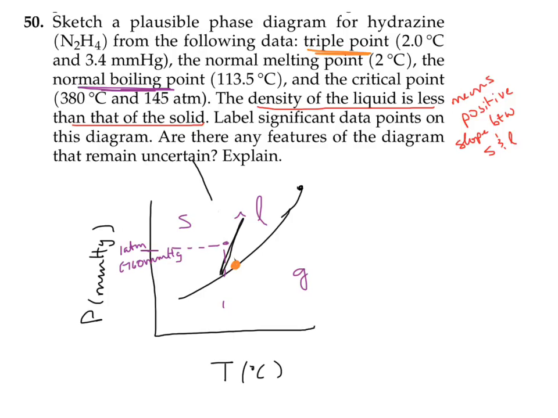And draw down here. Wait, I'm getting myself confused. That would be 113.5, and this would be 2 degrees. Does that make sense? So you're just trying to recreate what we've been talking about. It also gives you the critical point, and it gives you the ordered pairs of the pressure and temperature.